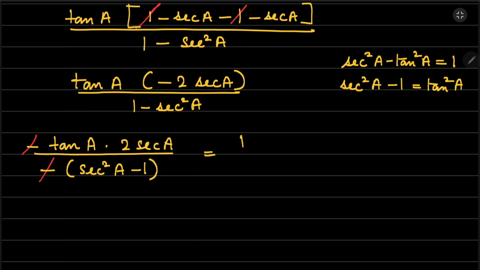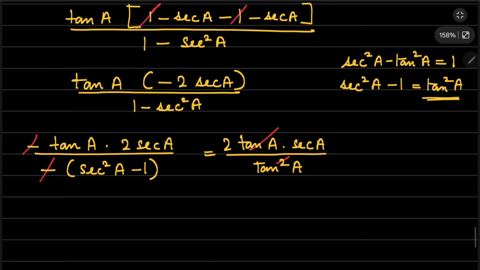What remains? 2 tan A into secant A divided by secant square A minus 1 is tan square A. Okay. Now this tan A and tan square will get cancelled. So what remains is 2 secant A divided by tan A.